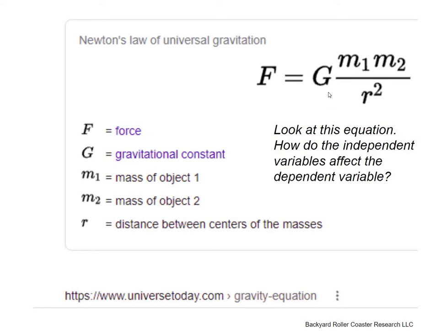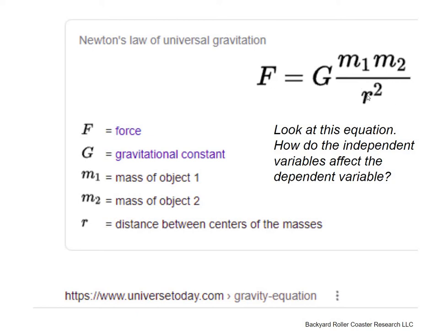So look at this equation. If I double my mass, I weigh twice as much. And if we double the mass of the Earth, I would weigh twice as much. But if I get far away from the Earth, get up in space, then this number gets really big. And because it's in the divisor, it's down here, the bigger this number is, the smaller that number is.